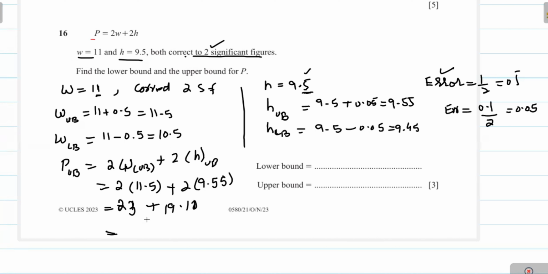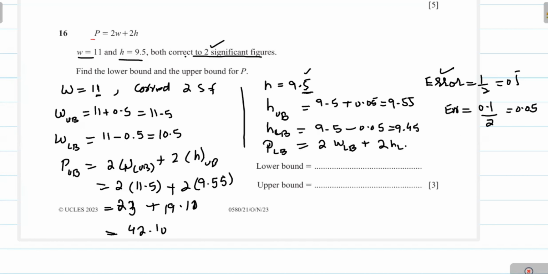Now the lower bound value of p will be equal to 2 into the w lower bound value plus 2 into the h lower bound value. Now you see here 2 into the lower bound value of w, here is 10.5, we write 10.5 plus 2 into the h lower bound value, here is 9.45.